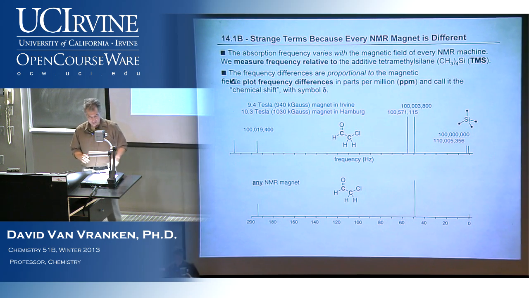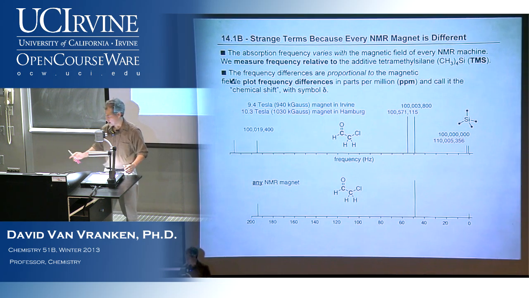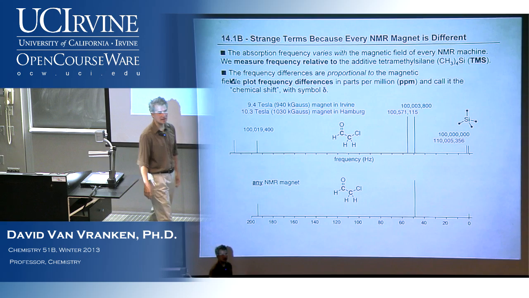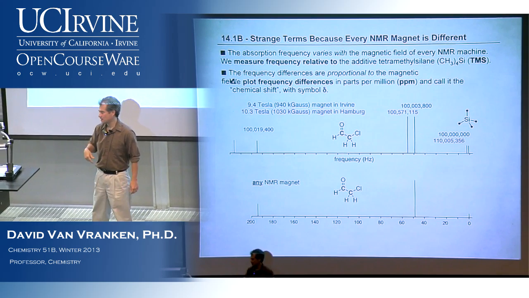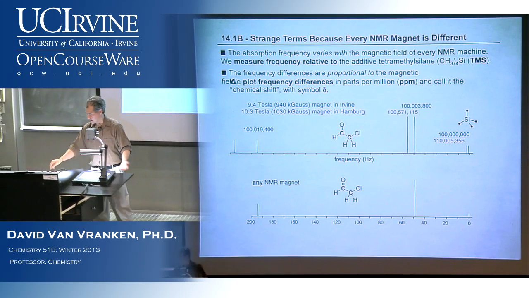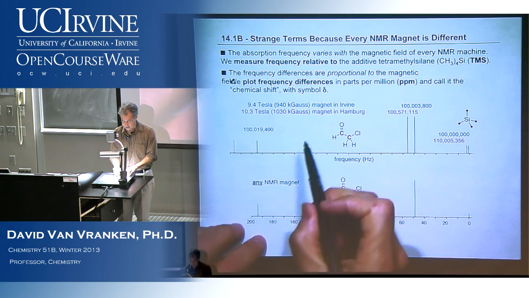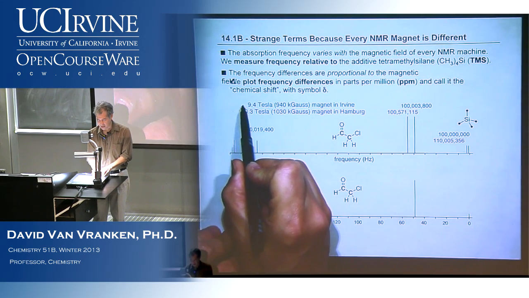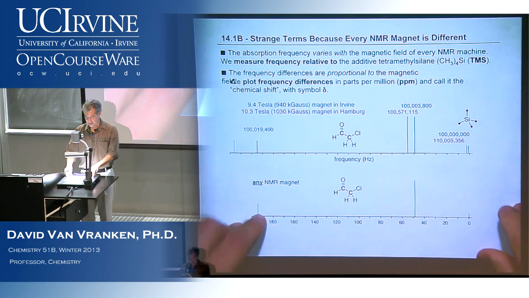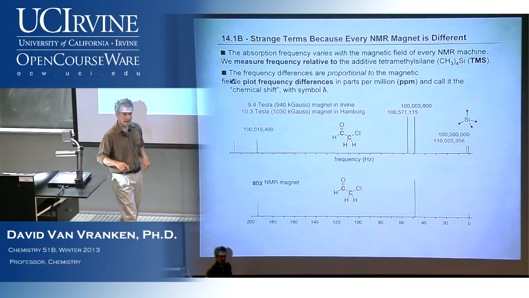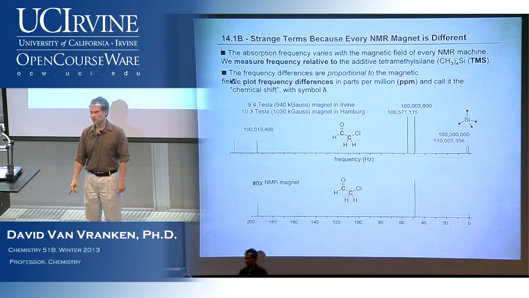Okay, so let me give you an example of a sample. This is chloroacetaldehyde here. And let's imagine I go to my lab. I'm sure we have chloroacetaldehyde in my lab. If I make up some sample in an NMR tube and I pop it into a spectrometer, and let's suppose, this is just a thinking experiment, that my spectrometer is operating with a magnet with a 9.4 Tesla magnetic field. And then I call my friend over in Hamburg, Germany, and I say, hey, could you prep up a sample over there in Germany of chloroacetaldehyde and drop it into your spectrometer?